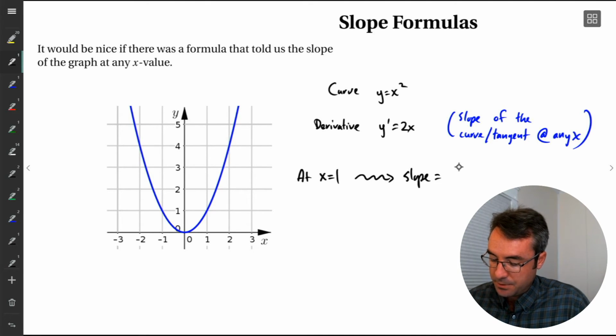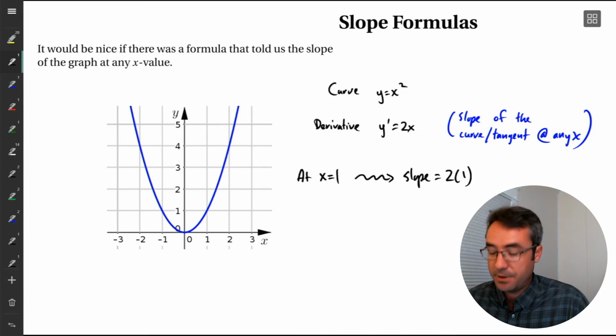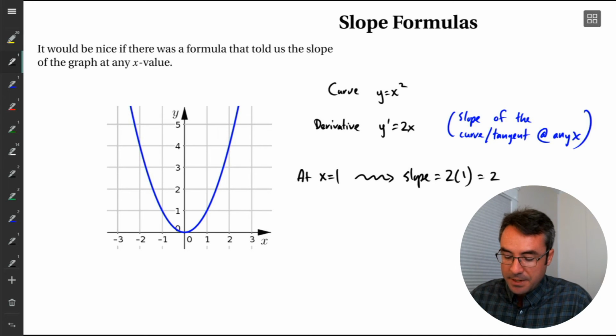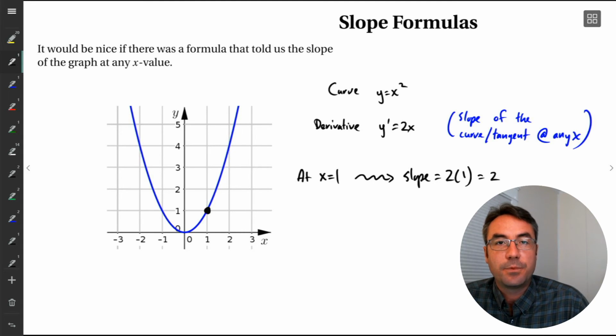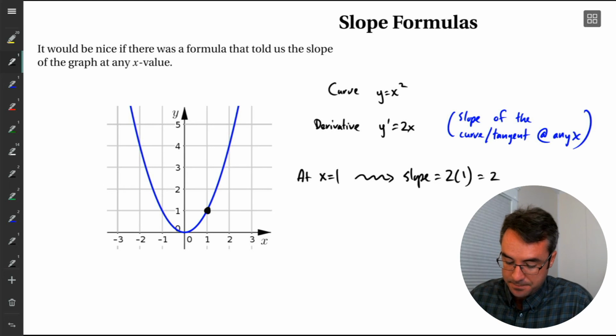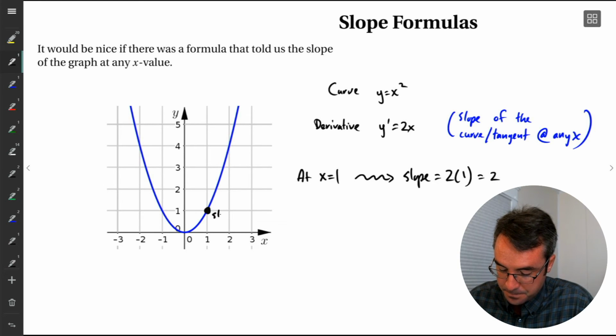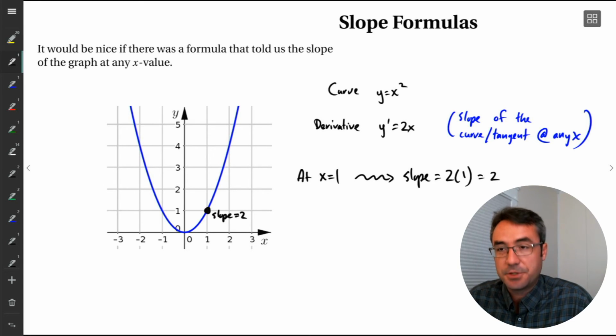Well, the slope is equal to 2 times 1. We would just plug 1 into this derivative, and we get 2. And so we could repeat this at any x value, at any point along this curve, and figure out what the slope is. So we found the slope at the point where x is equal to 1. The slope is 2 there.